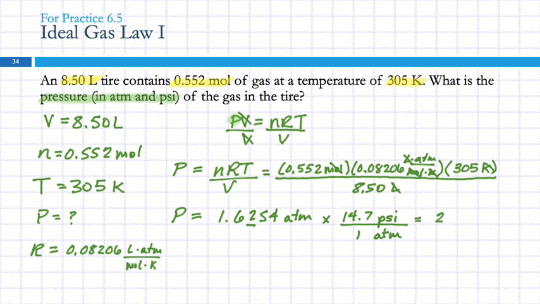So that's 23.893 PSI. I'm using these extra digits until I'm all done, and then I'm going to write my rounded answers. So 1.63 atmospheres, 23.9 PSI.